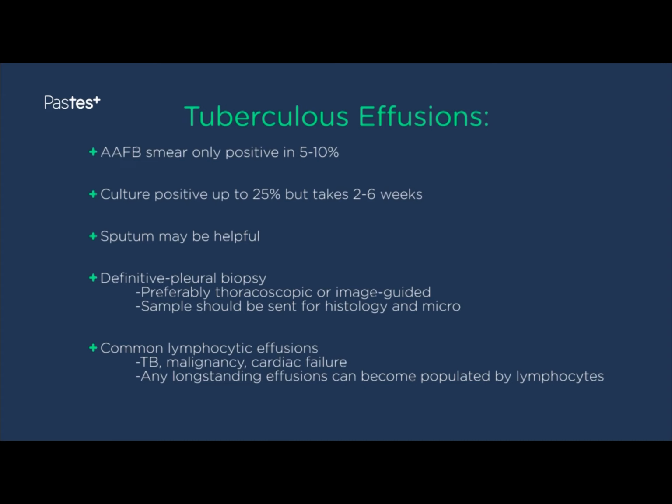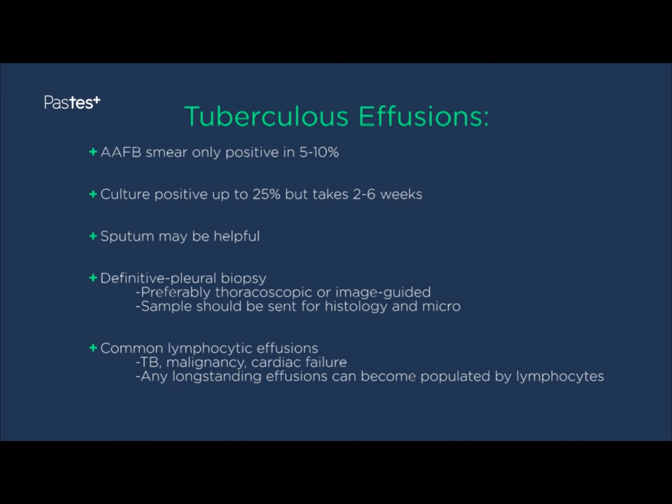However, in areas with a high TB prevalence and poor availability of image-guided or thoracoscopic biopsy, often a blind pleural biopsy is done. The sample should be sent in 2 separate pots for histology and microbiology.